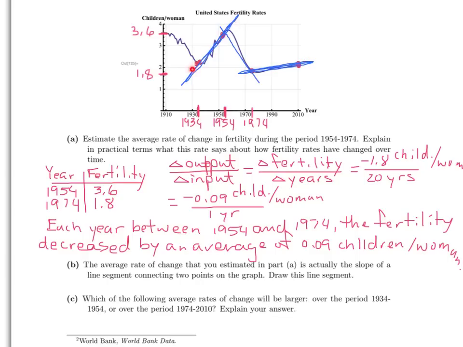Clearly this one does because it's steeper. So the average rate of change over the period 1934 to 1954 is larger. That's the larger one.